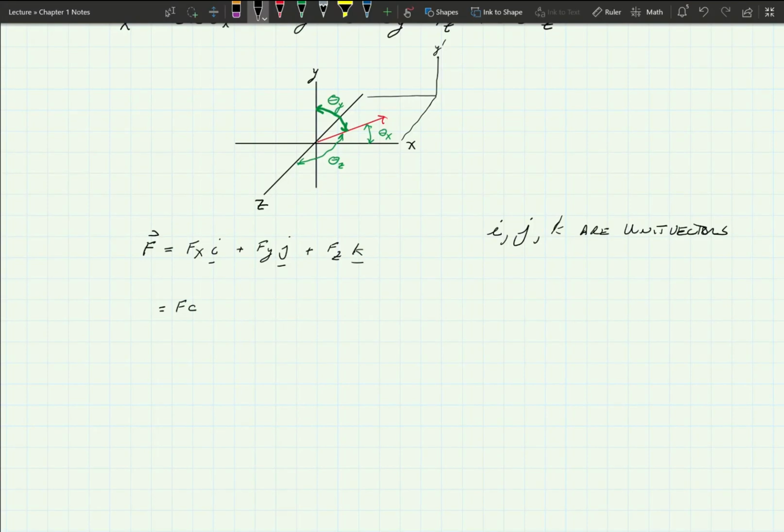So f cosine theta x, and we still have the unit vector out here, f cosine theta y in the j plus f cosine theta z in the k. All right, and that helps us write everything about this vector of f. Oh, and I should have labeled that up here. That's our f vector. Okay, so it's that we're trying to find.